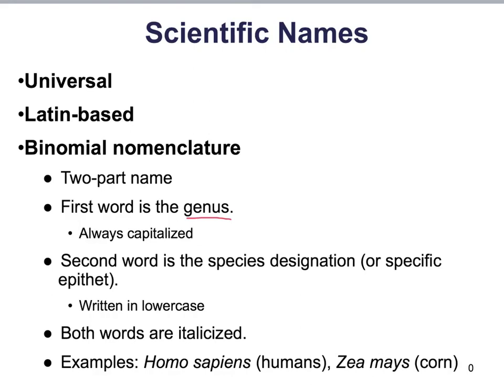Both words, when you're writing them on the computer, are italicized. So you can see below Homo sapiens, referring to humans, or Zea mays, referring to corn. The H in Homo sapiens is capitalized, sapiens is lowercase, the Z in Zea is capitalized, and the M in mays is lowercase.